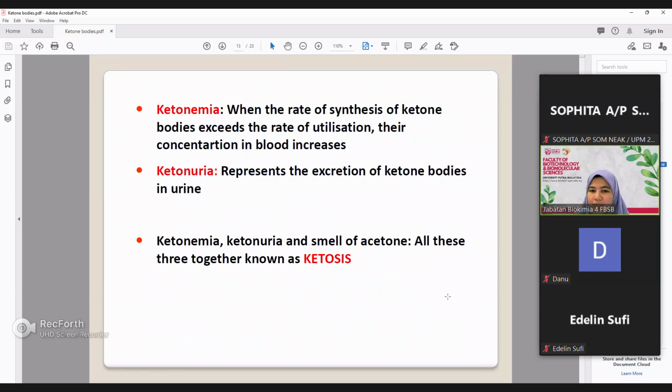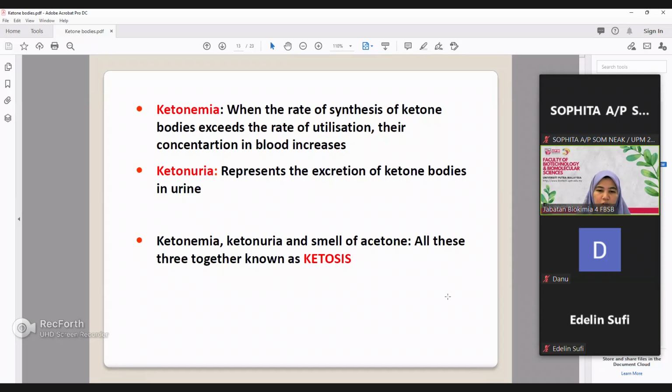There are other terms related to ketosis other than ketoacidosis. We also have ketonemia, which explains the high level of ketone bodies in the blood. Ketonuria explains the ketone bodies concentration in urine.